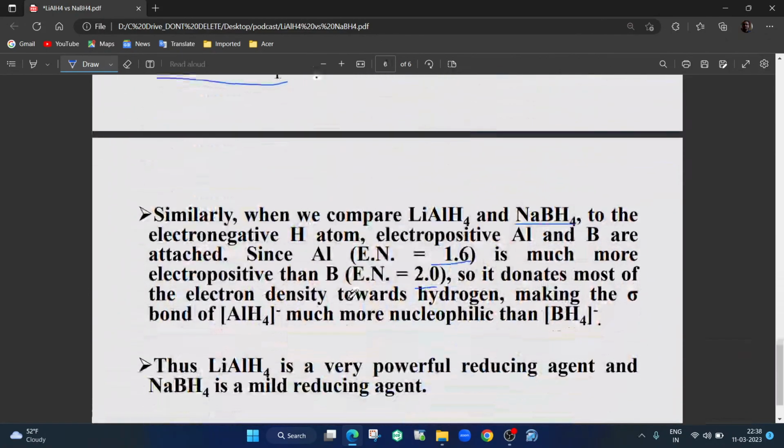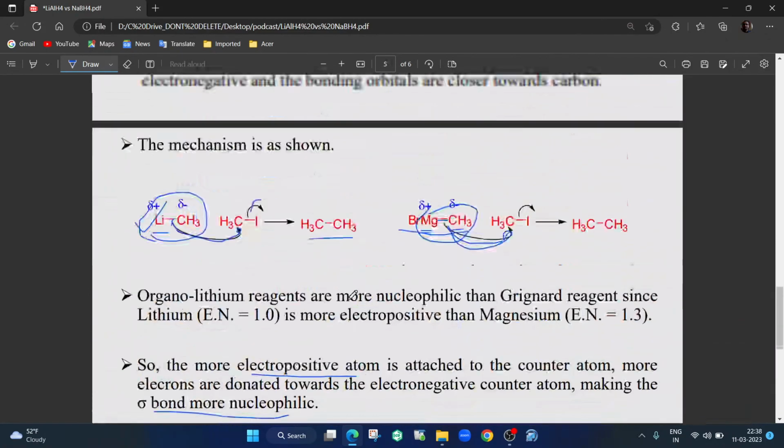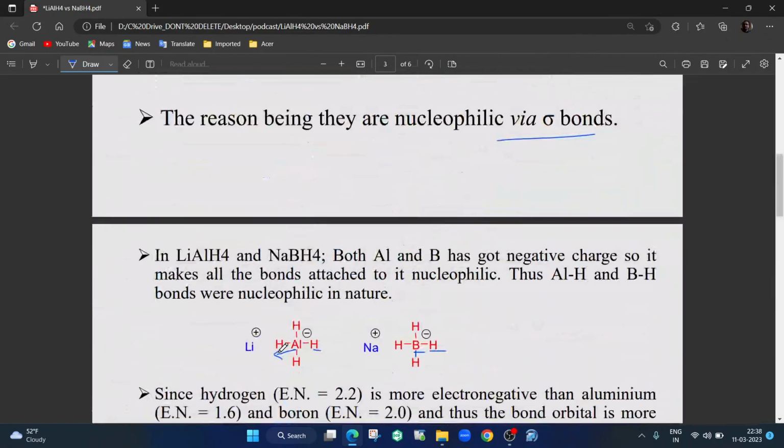Just one second, let me check once again. 1.6, right? Hydrogen is 2.2, and boron is 2.0.